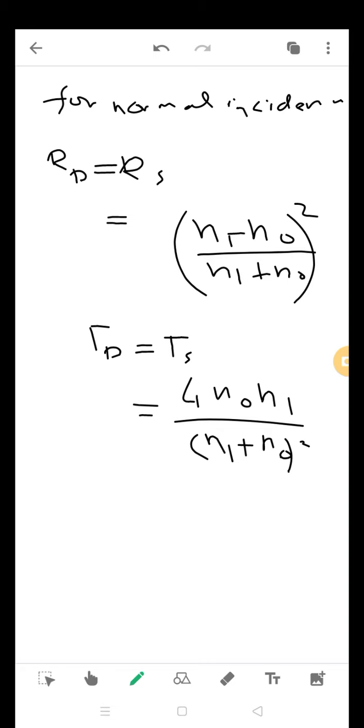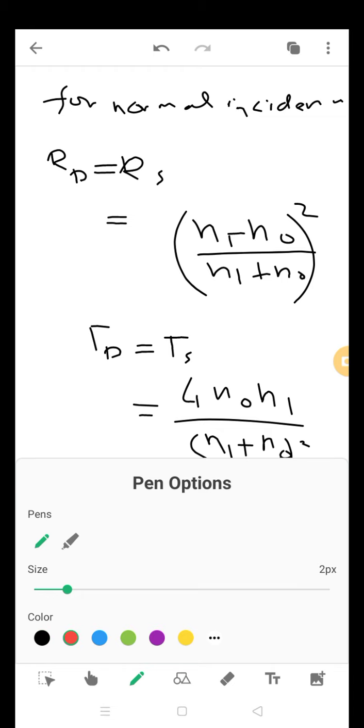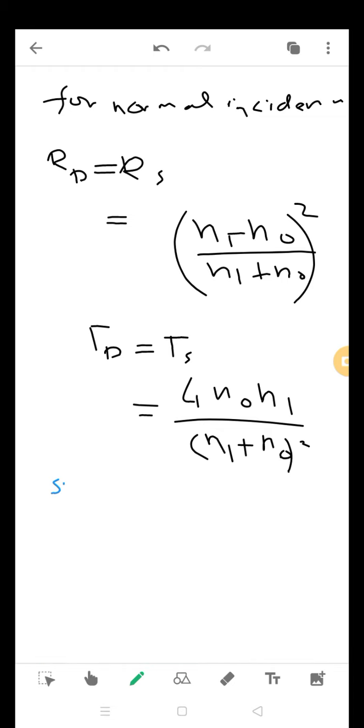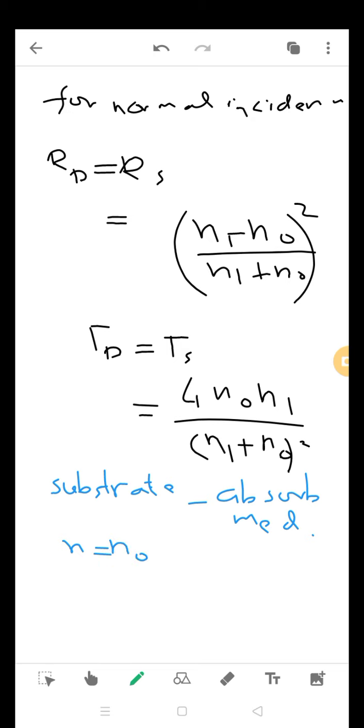Now there is a case if the substrate is an absorbing medium. It has a tendency to absorb light. Then we have to replace n, write n as n0 minus i k0, where k0 is the absorption coefficient.